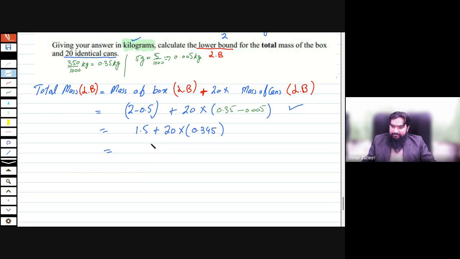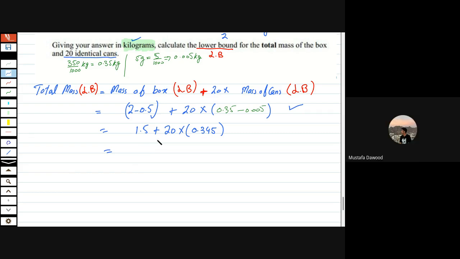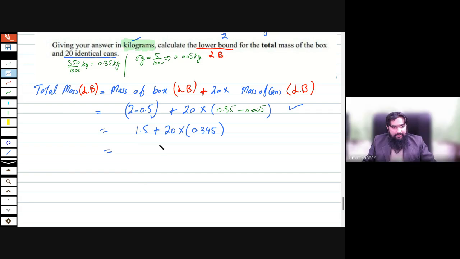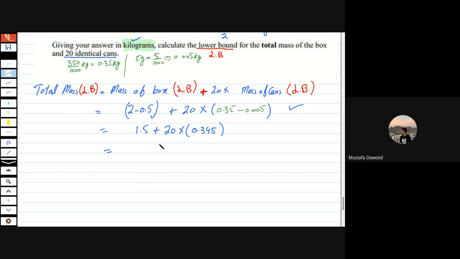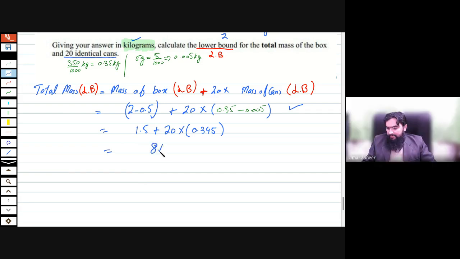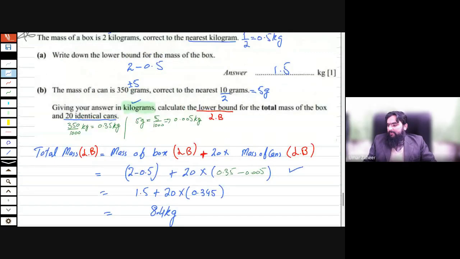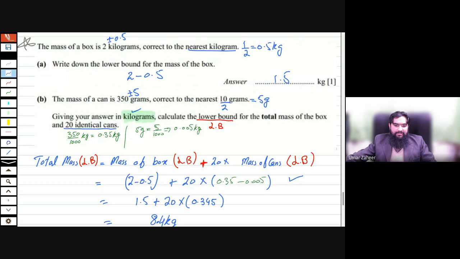That is the final answer. So 8.4. Any other one? Please confirm the answer. Yes, sir, it is correct. All right. Yes, everyone, it is clear.